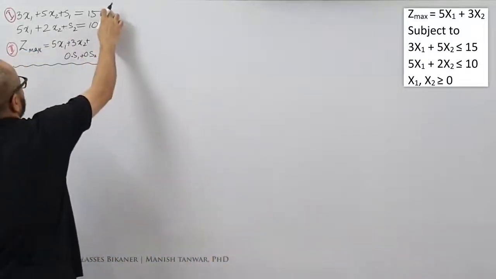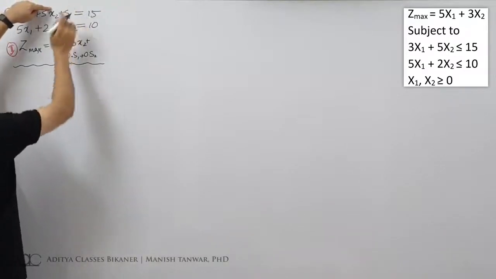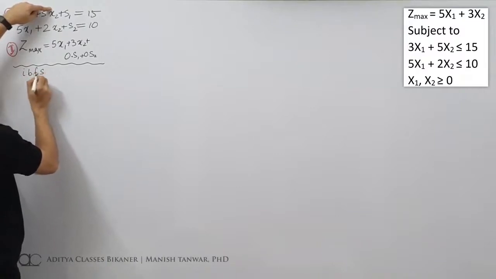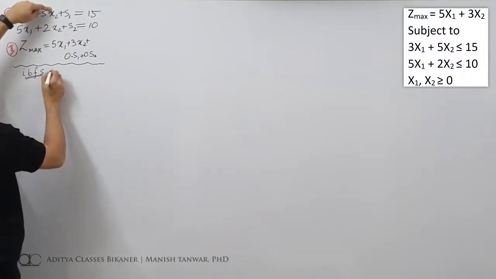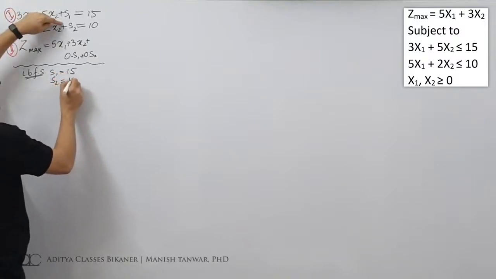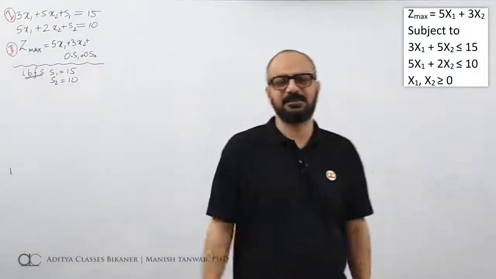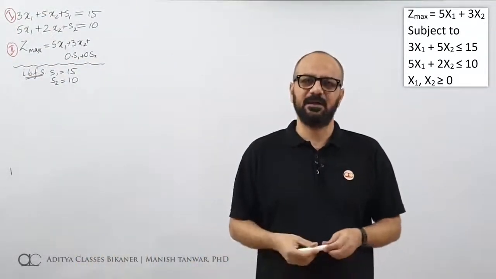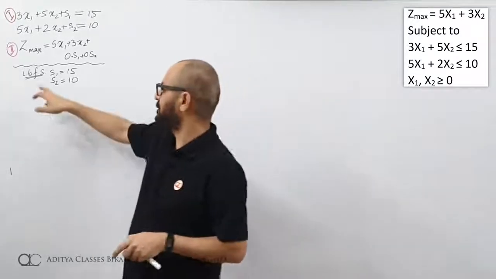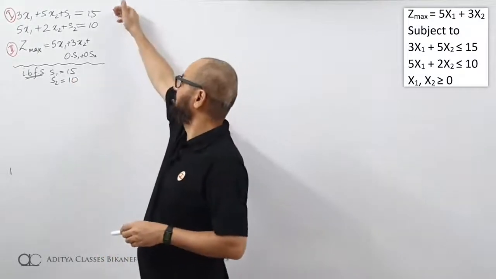In these two equations, if I put x1 equal to 0 and x2 equal to 0, this will be my IBFS. The first equation becomes S1 equal to 15, the second equation becomes S2 equal to 10. This is my starting point. If someone asks what my IBFS is, what my solution is right now, I'll say S1 is equal to 15 and S2 is equal to 10, which means I'm not producing anything.